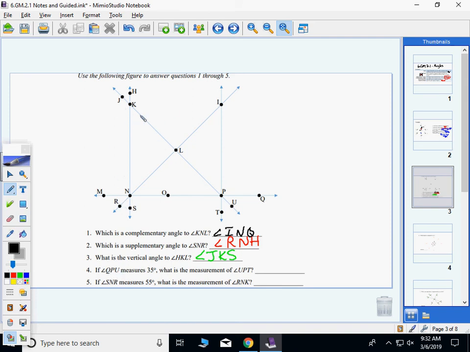So here's QPU. QPU is right here. I'm looking at this angle. Measures 35 degrees. What is the measurement of UPT? So I got to find my U. Where's U?